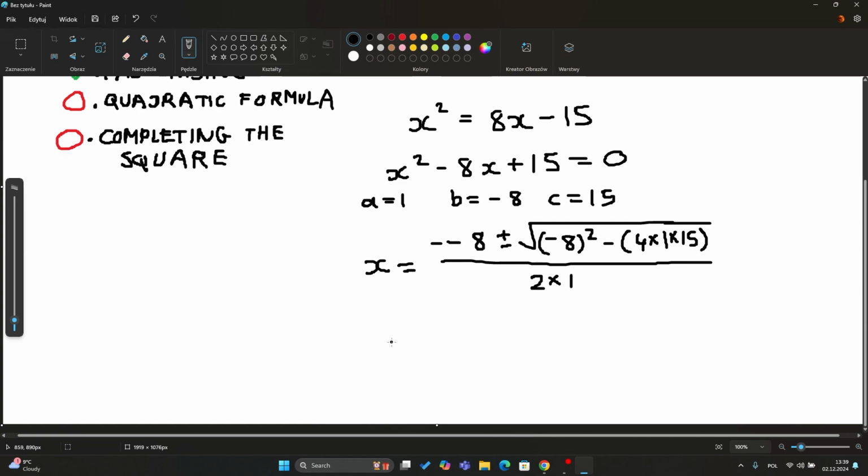So if I plug in the numbers on a calculator to be 1, minus 8 and 15, I get x equals 5, or x equals 3.